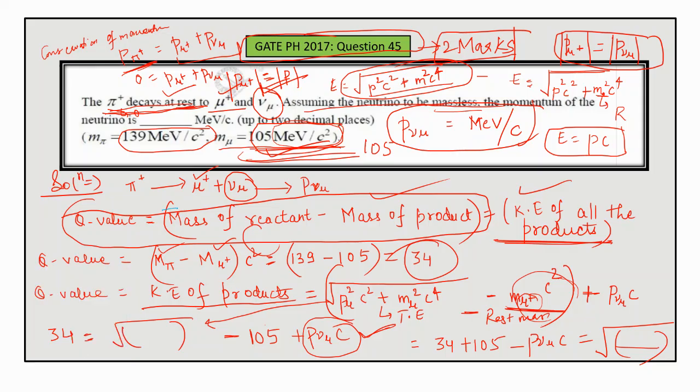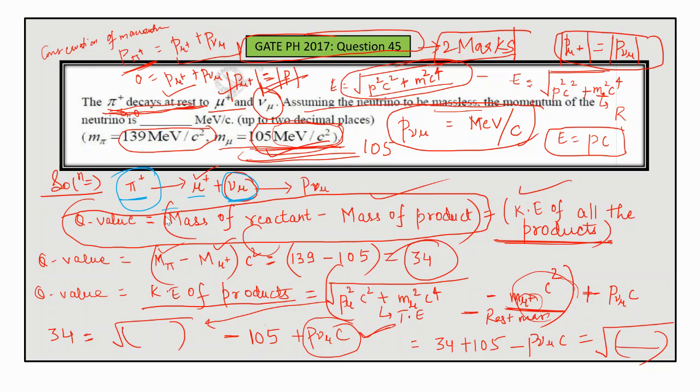Here we are given this pion. It is decaying into muon and muon neutrino. Okay, this pion is at rest. If this is at rest, so the momentum of pion before decaying is zero. This pion decays at rest, so the momentum on the left hand side is zero.